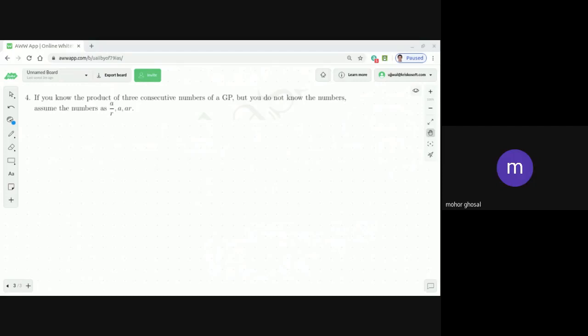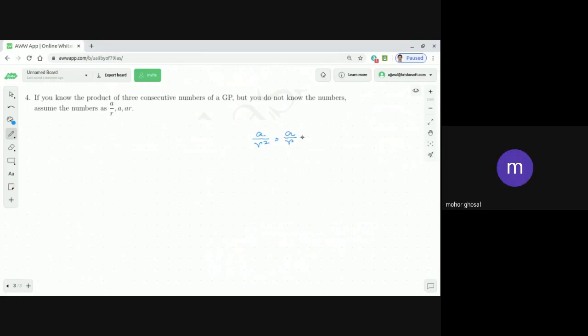It would be like A by R square, A by R, A, and AR. Let me write it down. Okay, what you are saying is A by R square, A by R, A, and AR. I'll delete it after writing.